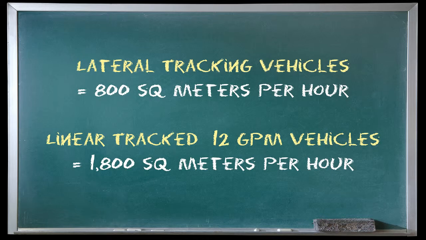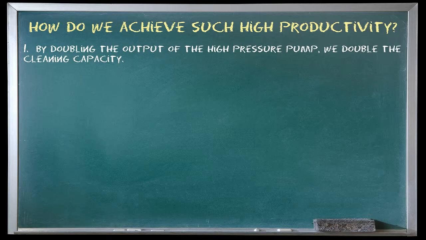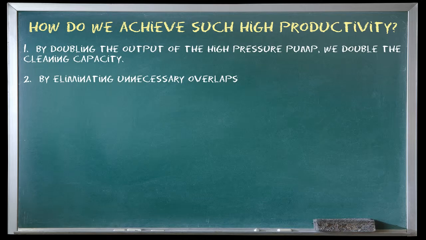We have proven the world over our ability to remove 1,800 square meters per hour. There are 2 reasons for that. Increased horsepower capacity resulting in the ability to clean more area faster. Secondly, the elimination of overlaps that we've discussed previously means that our cleaning operation is that much more efficient.